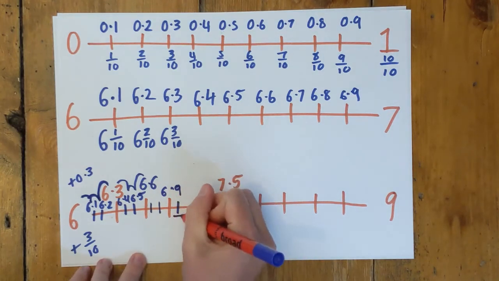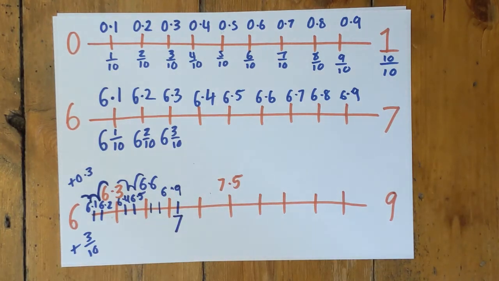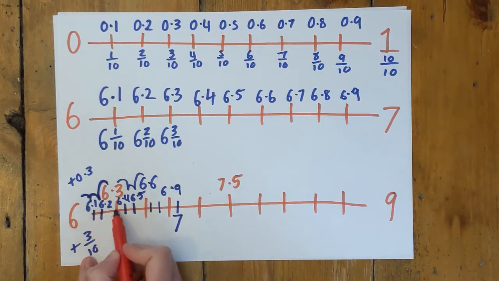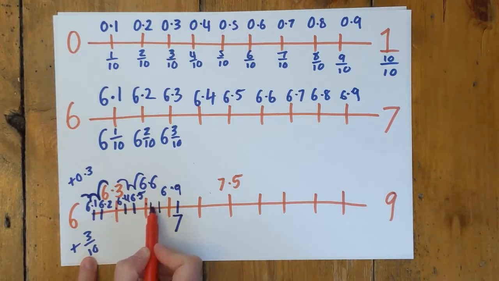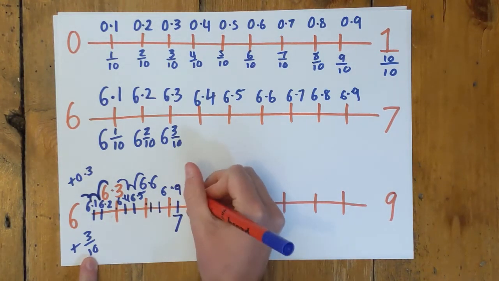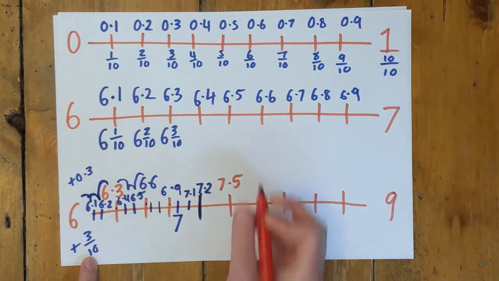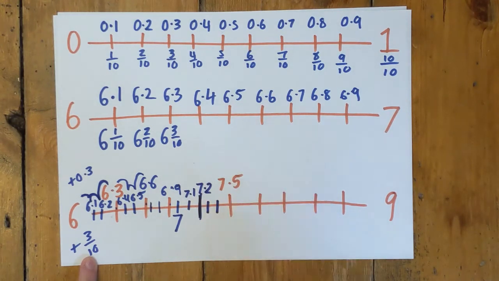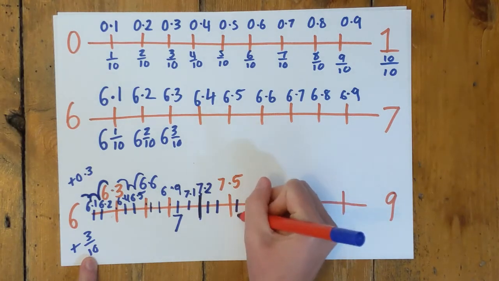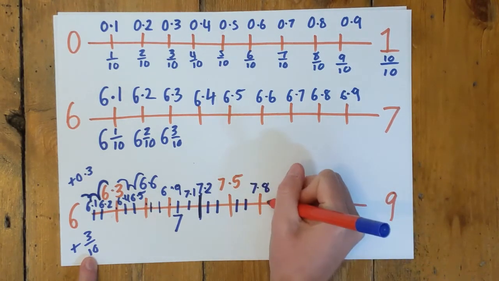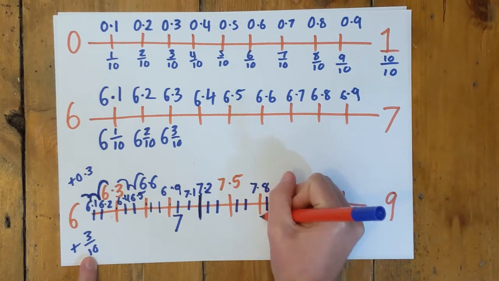So actually here is big number 7. And here you can check you've done enough jumps because we're working in tenths. 1, 2, 3, 4, 5, 6, 7, 8, 9, 10. So you've got to 7 there. That would be 7.1. So there we've got 7.2 on the big line there. 7.3, 7.4, 7.5. 7.6, 7.7, 7.8, 7.9.